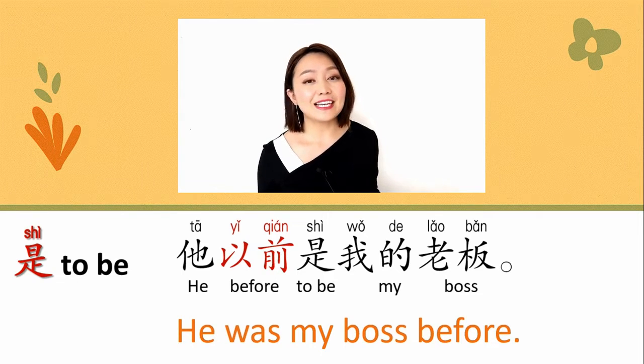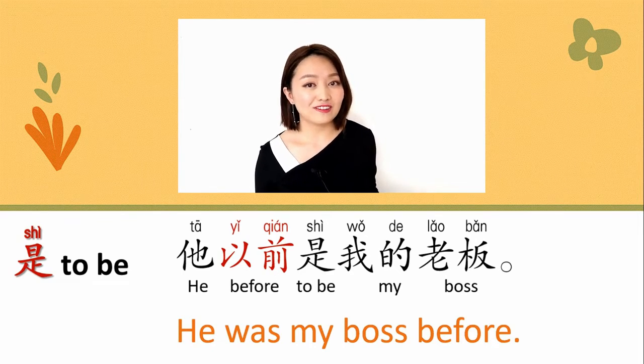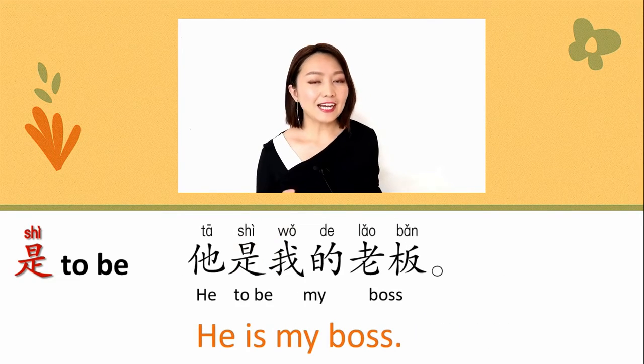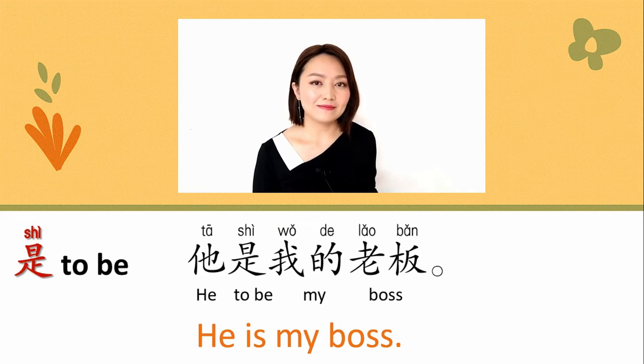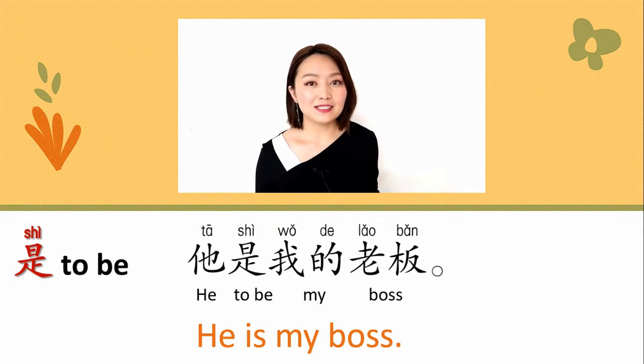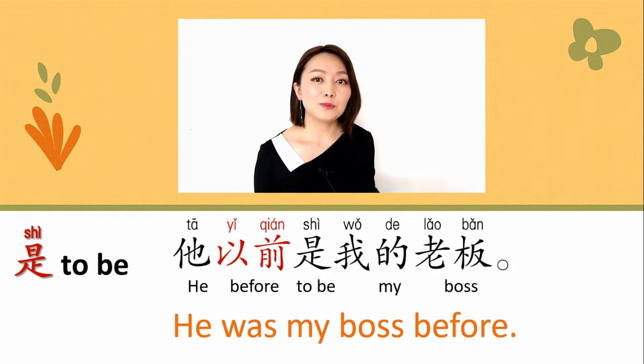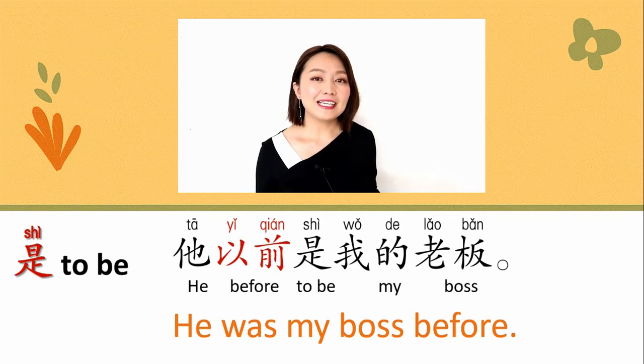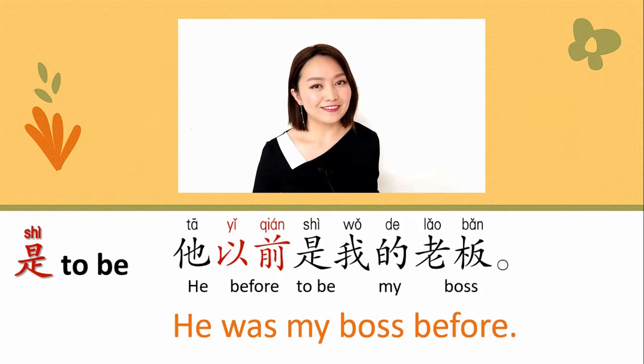So it's obvious that you're talking about things before. So it's past tense. The normal present tense is 他是我的老板. He is my boss. But if we put the time word 以前 before, it becomes past tense. 他以前是我的老板. He was my boss before.